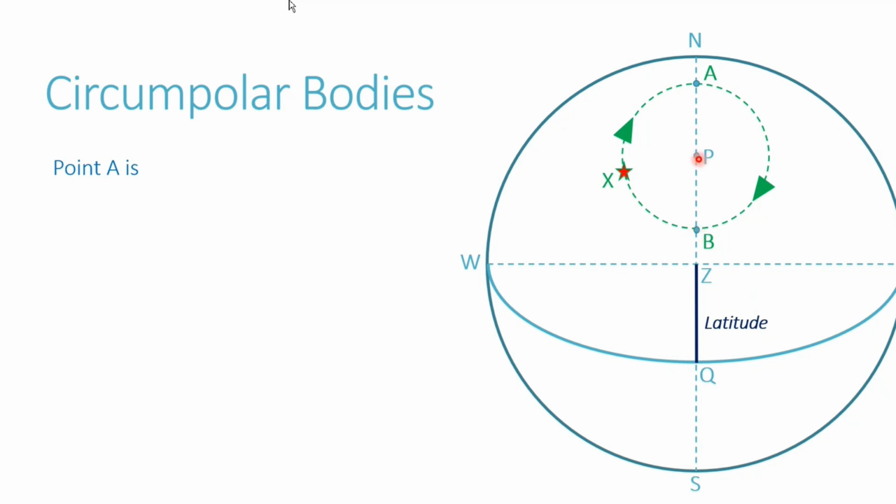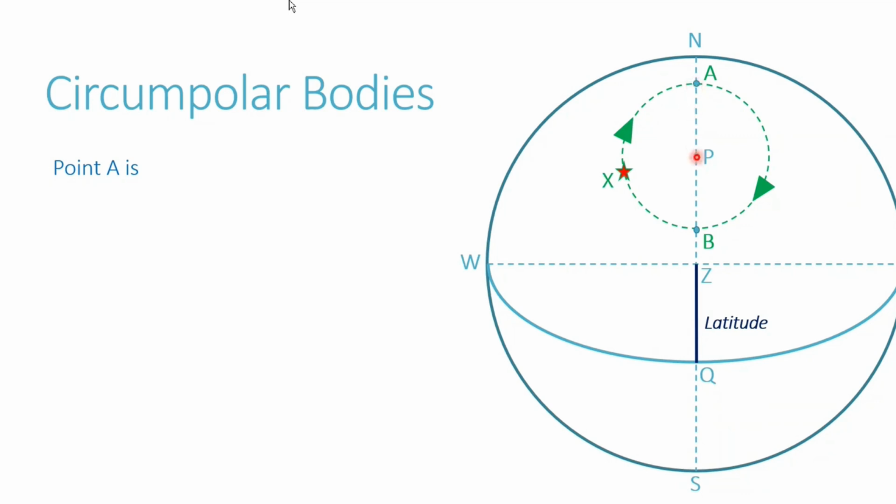One of them is the meridian passage on the observer's meridian. If you look carefully at the diagram, P is the pole and P, Z, Q, S is the observer's meridian, and you can see that at point B, the body crosses the meridian of the observer. At the second instant, at point A, it is crossing the inferior meridian of the observer, or the opposite meridian of the observer.